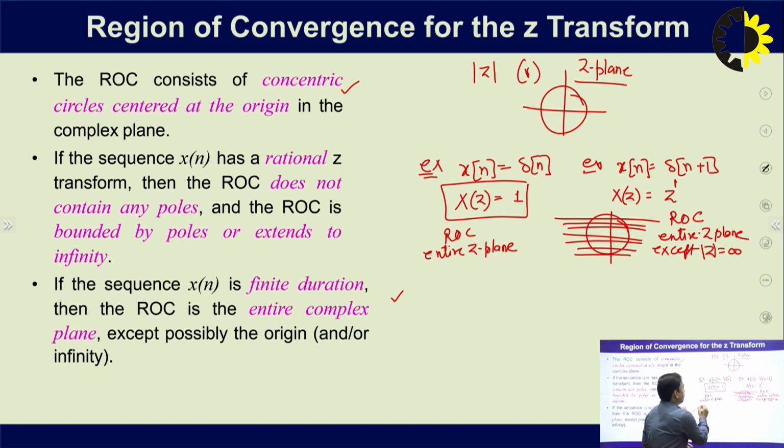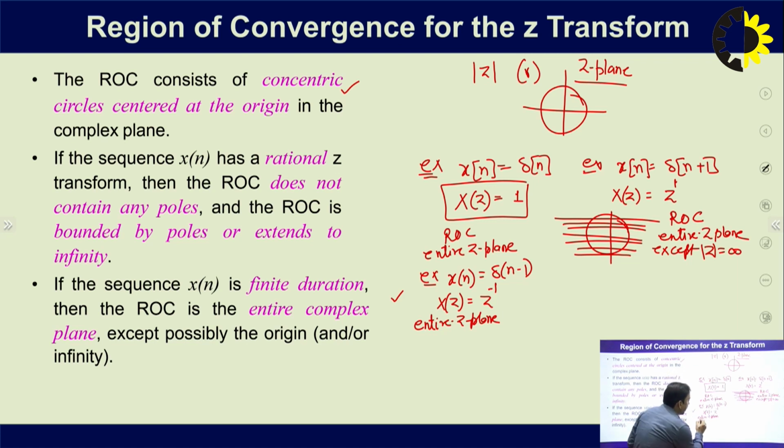Similarly, we can have x[n] equals delta[n-1]. If we calculate the z transform X(z), it will be z raised to power minus 1. Since we are talking about a finite duration signal, the ROC is the entire z plane, but if we check for z equal to 0, at z equal to 0, X(z) basically diverges and becomes infinite.